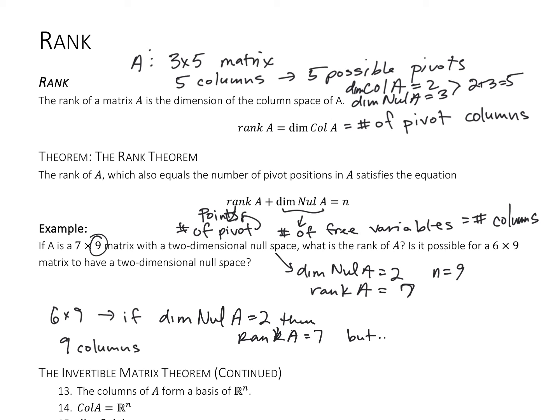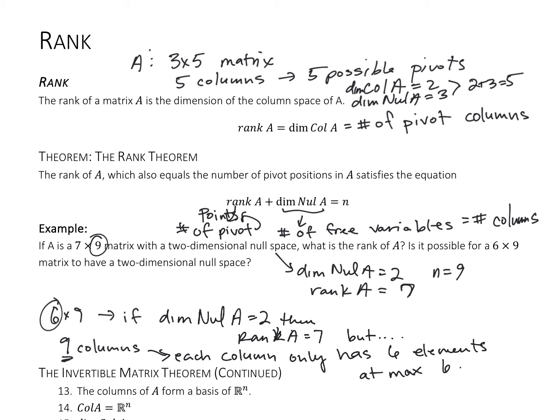But there's a big catch here, right? I might have 9 columns, but each of those columns only has 6 elements, right? So because it only has 6 elements in each of those columns, that means that I have at max 6 pivot points.